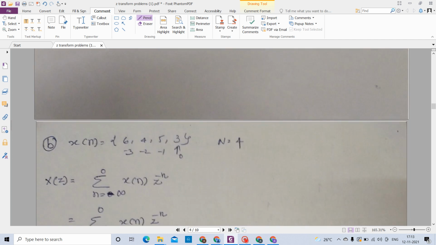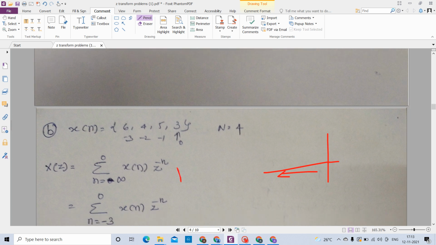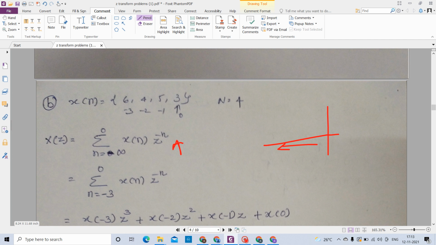The second sequence is an anti-causal signal, because the sequence is finite and it occupies the left hand side. The equation looks like this. This is the Z transform equation for the finite sequence on the left hand side, so the n values lie between minus infinity to 0.